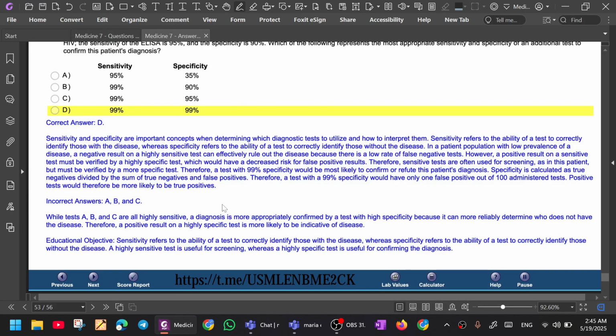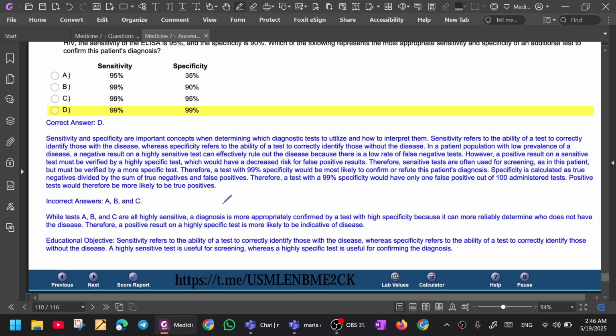Sensitivity and specificity are important concepts when determining which diagnostic test to utilize and how to interpret them. Sensitivity refers to the ability of a test to correctly identify those with the disease, whereas specificity refers to the ability of a test to correctly identify those without a disease.